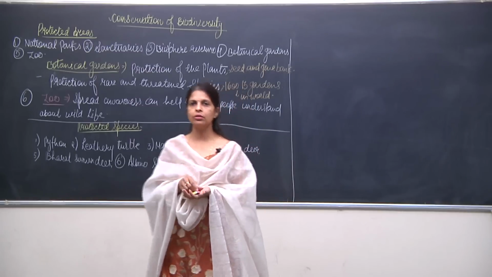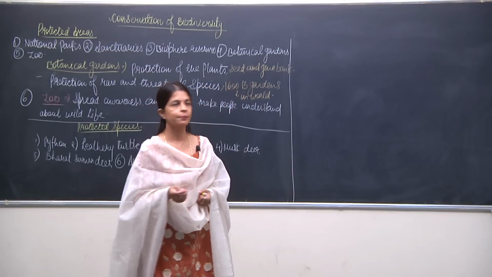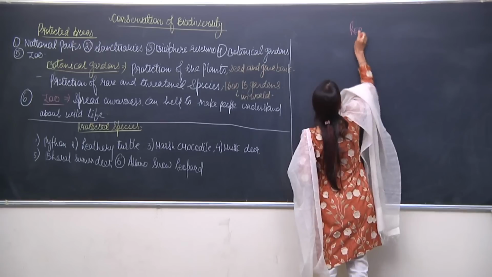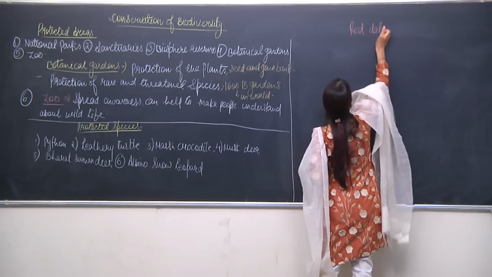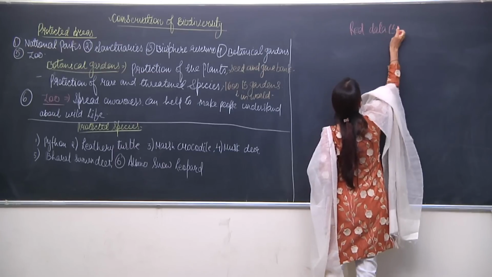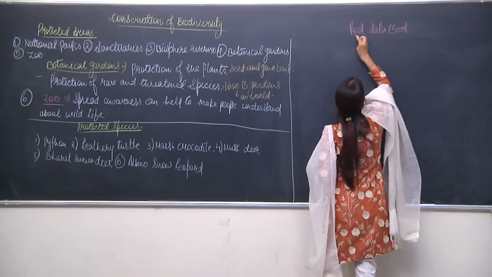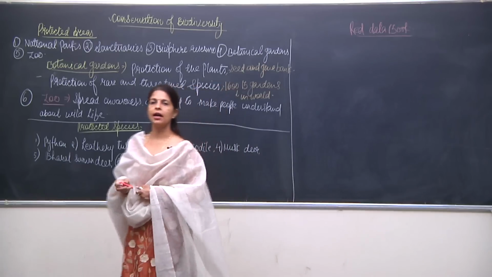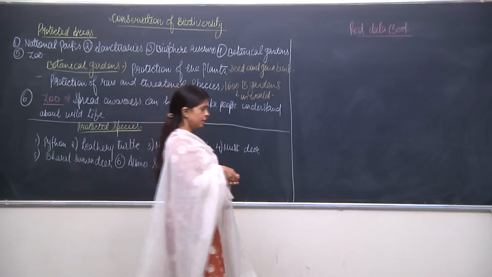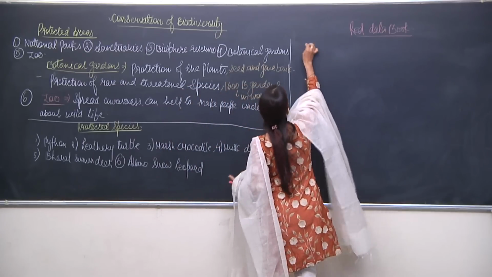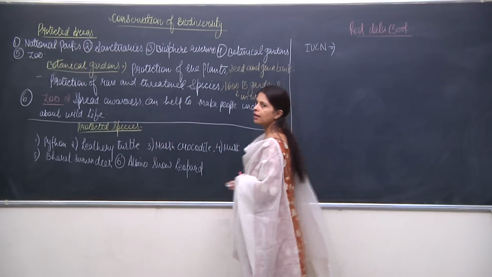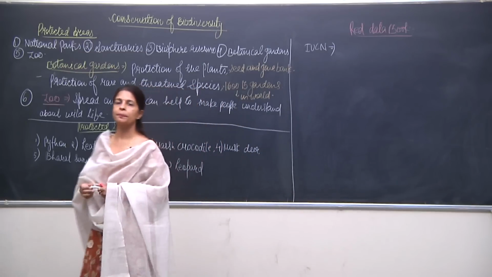Now I will talk about the Red Data Book. What is the Red Data Book? IUCN means the International Union of Conservation of Nature and Natural Resources.